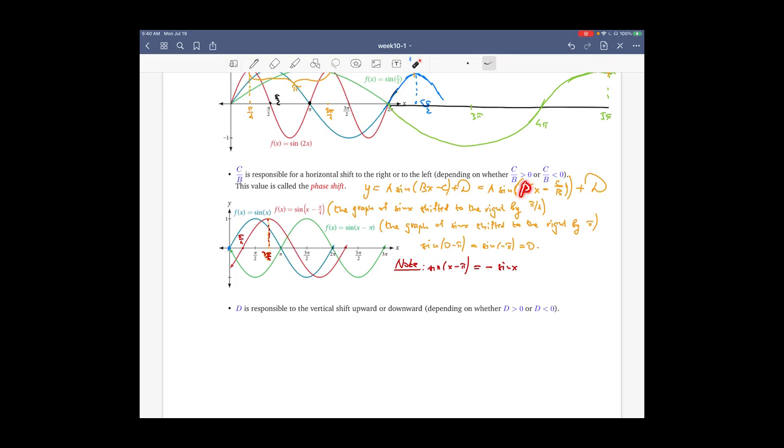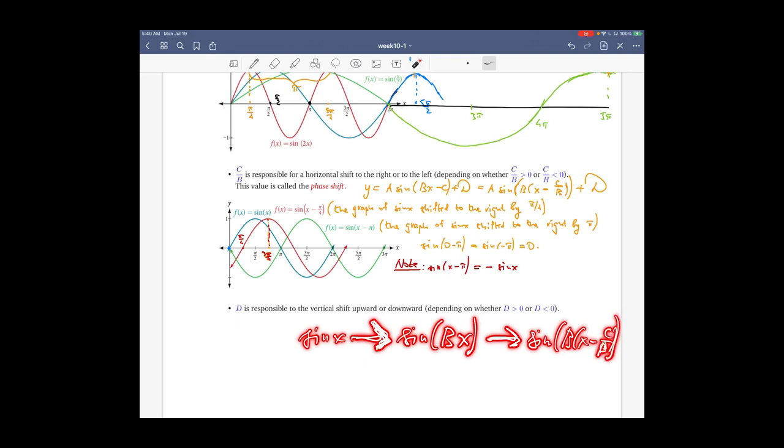So when you factor B, you will start with the graph of sine x, then perform a horizontal stretch or compression to result in sine of b x, and then perform a horizontal shift to construct sine of b times x minus c over b. You will be shifting by the value of c over b. That is, of course, c of bx minus c.